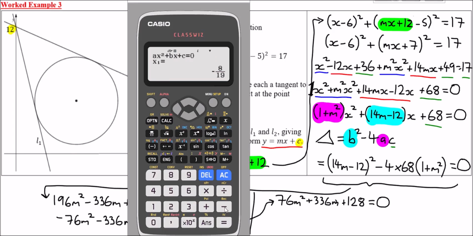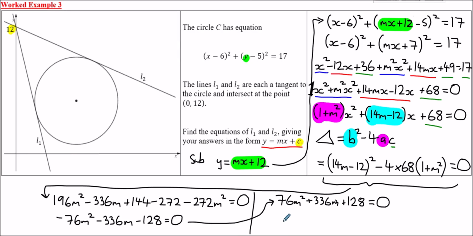So, one option for m is that m might be minus 8/19. The second option for m is that the gradient is minus 4. So we can say therefore m needs to equal either minus 8/19 or minus 4.